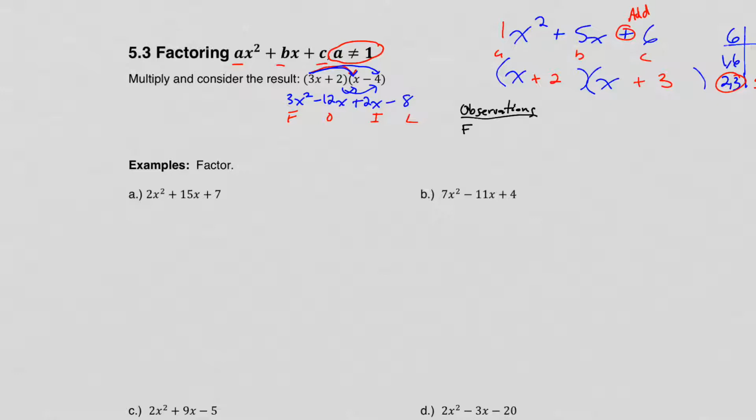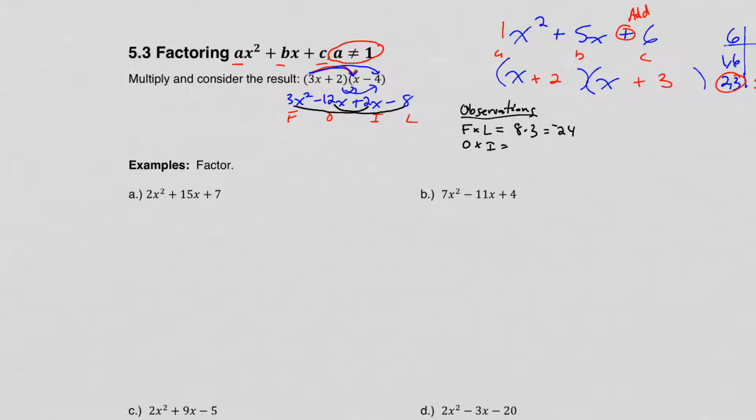If we do F times L, so basically those two, we have 24. Okay, well, let me go back. So we have 8 times 3 is 24. And notice that O times I is also 24.